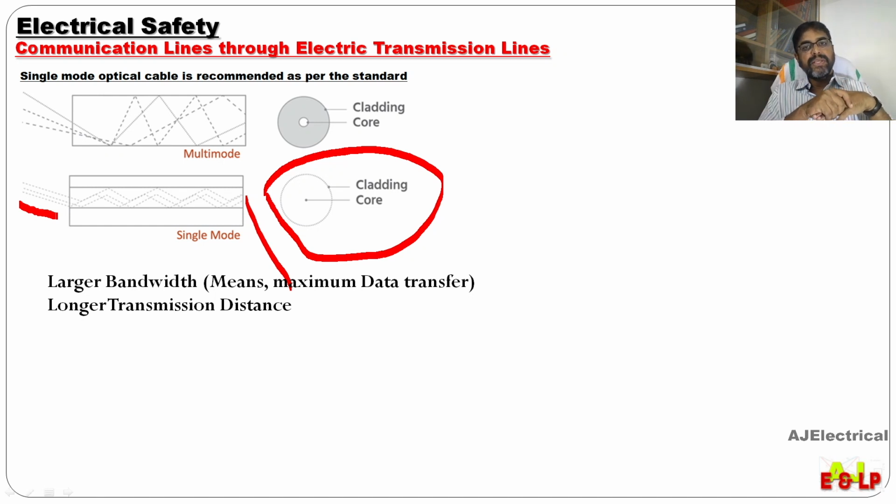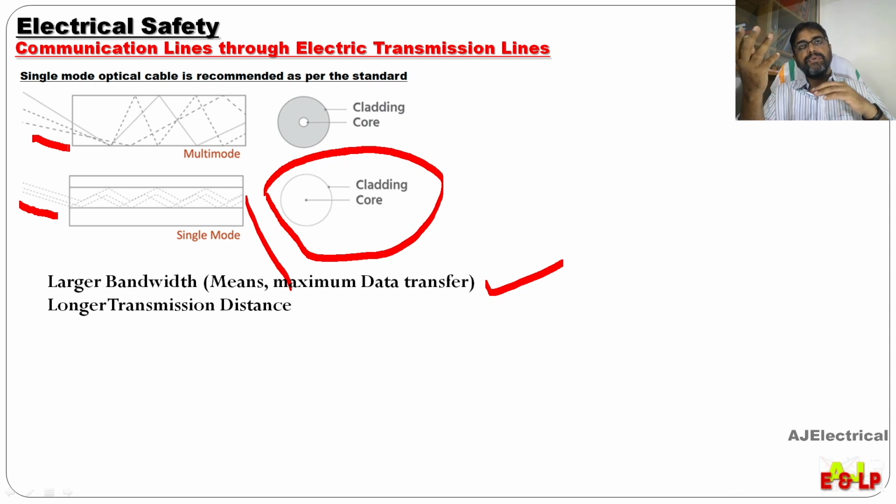But the advantage is, if it is single mode, you can send it over a long distance with a large bandwidth. That is the advantage of single mode. That is why in the standard they recommend single mode fibers. In the multi-mode section, you can see many signals with different wavelengths passing through, but it can be used only for short distances.